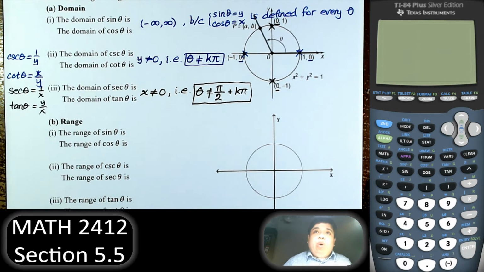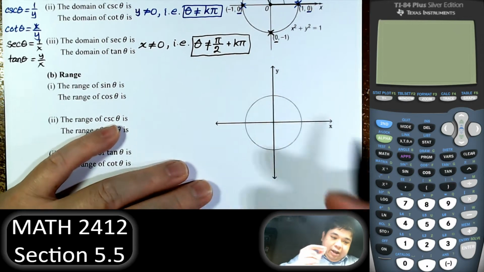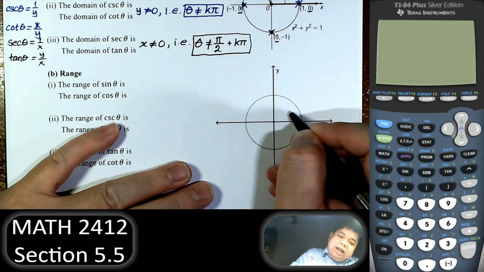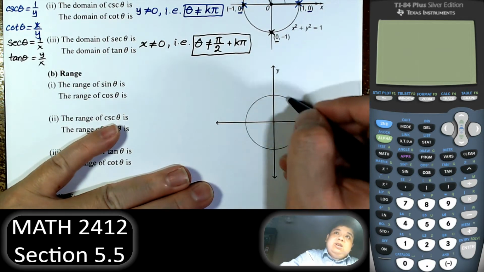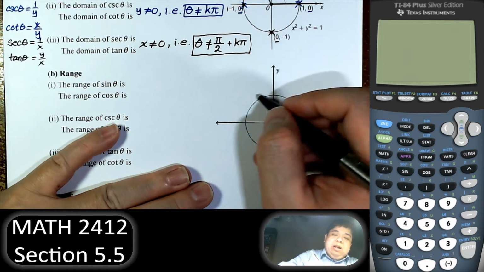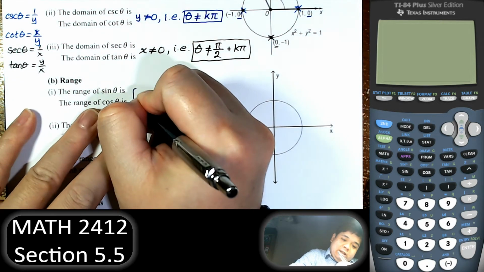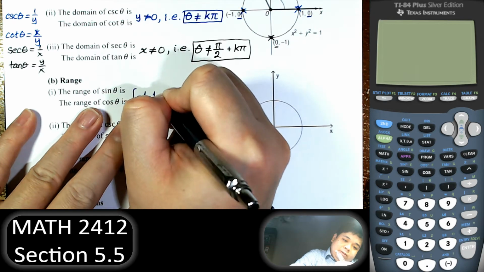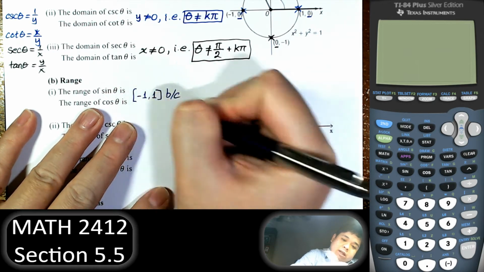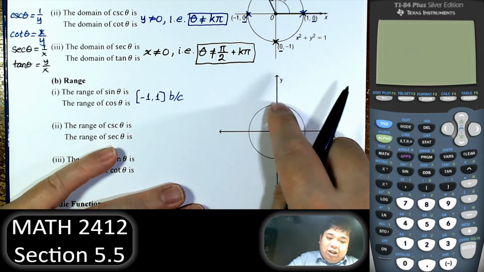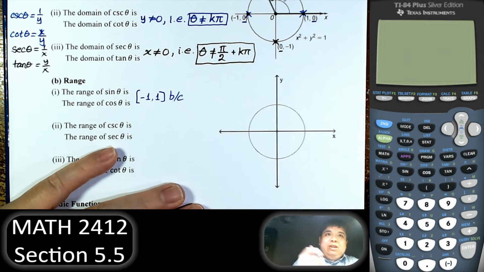Now, the range. If it is on the unit circle, x and y can only be from negative 1 to 1, because it has to be on the unit circle, right?